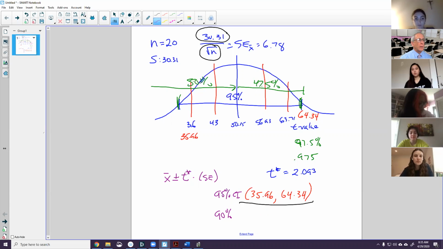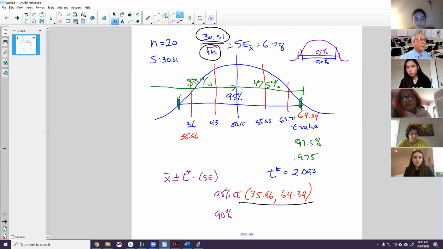And if we just look at it on the chart, let me make a new chart here because I don't want all these lines. If 95% is there, well, sure enough, 90% is going to be a smaller interval, right? It's got to be a smaller space on the graph.